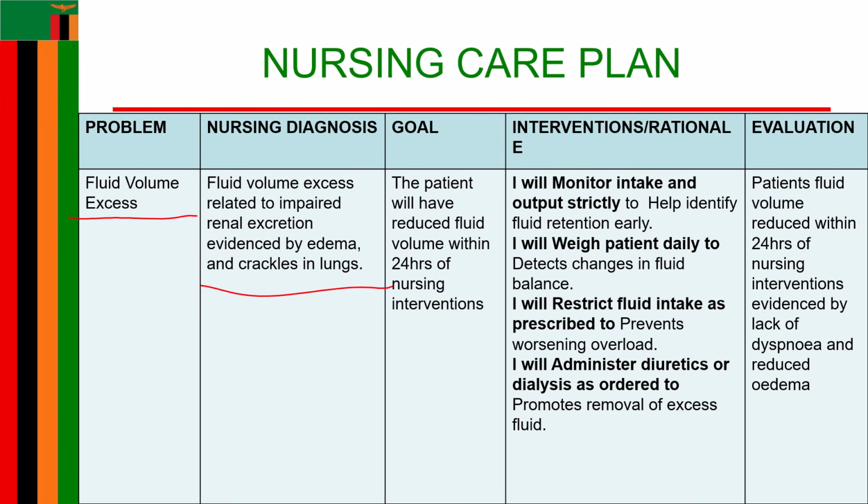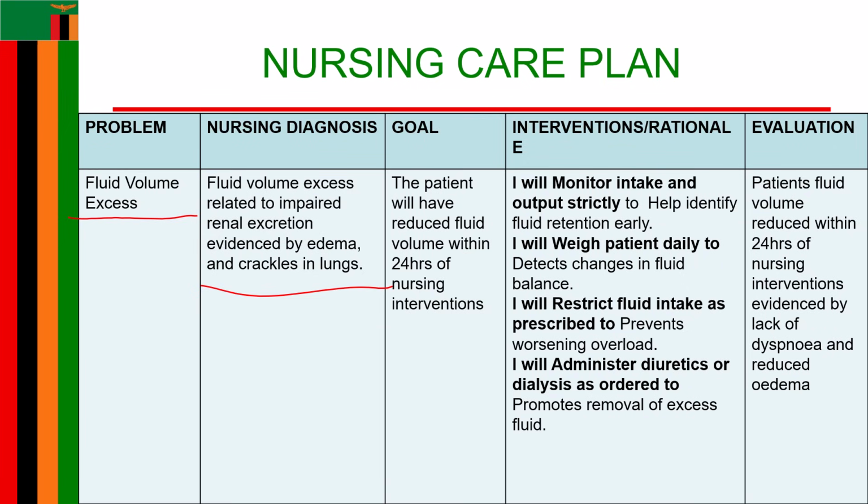You can weigh the patient daily to detect changes in fluid balance. You can restrict fluid intake. You can administer diuretics. What you need to make sure of is that if you are mentioning an intervention to do with a drug, let that point come last.